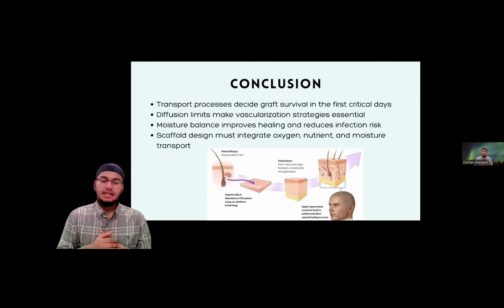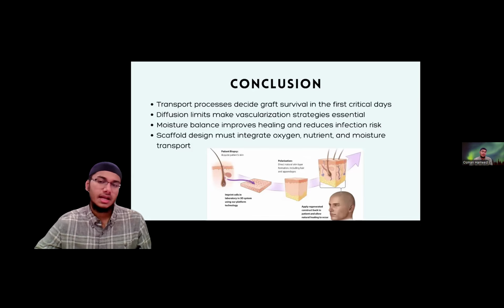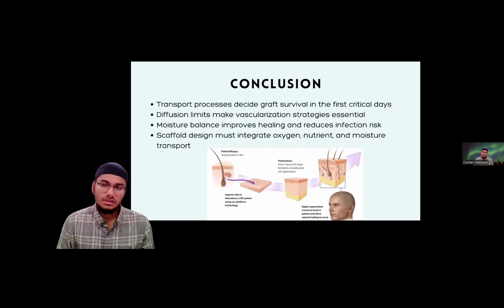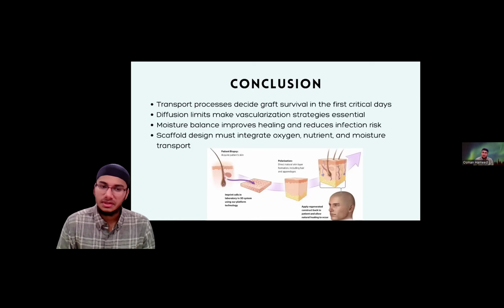If diffusion is not perfected at the beginning, then it doesn't really matter whether it vascularizes or not, because diffusion is probably the most important thing for the skin graft. So successful scaffolds can be made, but they have to have that balance between the oxygen, the nutrients, the waste, the moisture, the drugs, all these different things. It has to have that perfect balance because the skin is a very complex organ.